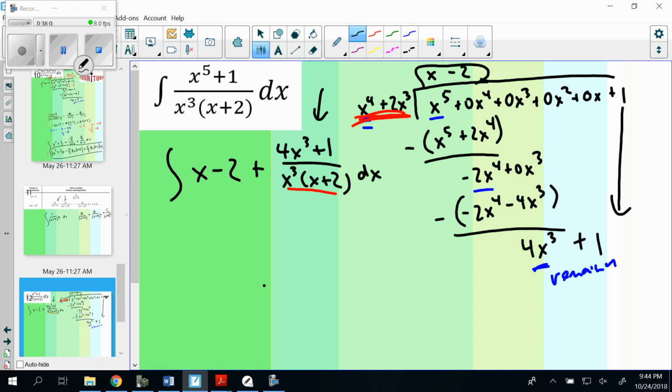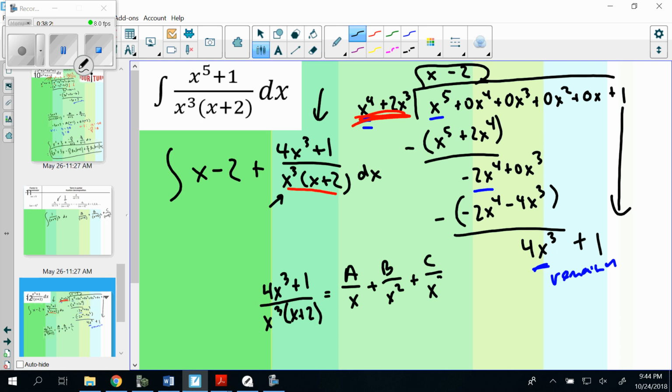We got 4x cubed plus 1, and all this equal to, now the factors here would be A over x, because there's 1x there. We need a second one for the next degree, B over x squared. We need a third one for the x cubed, C over x cubed, because that's the biggest power. And then finally we need one for the other one, the D over x plus 2.